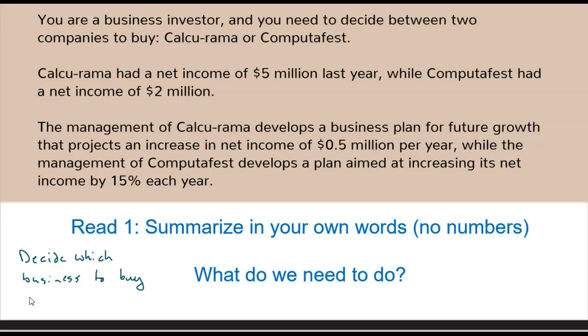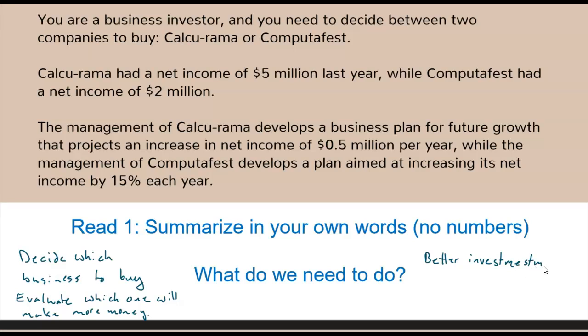Or you may have said something about, we need to evaluate which one will make more money. You might have said something about a better investment.